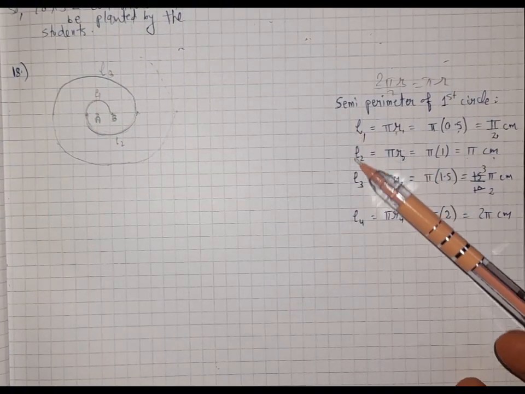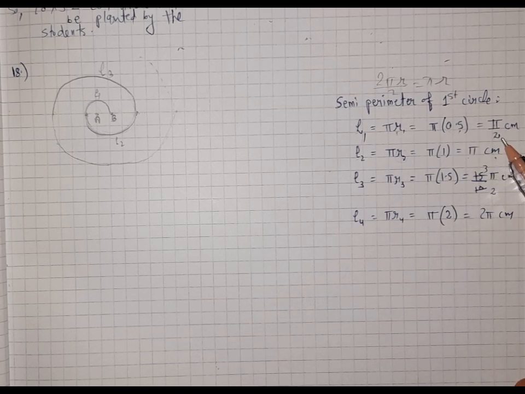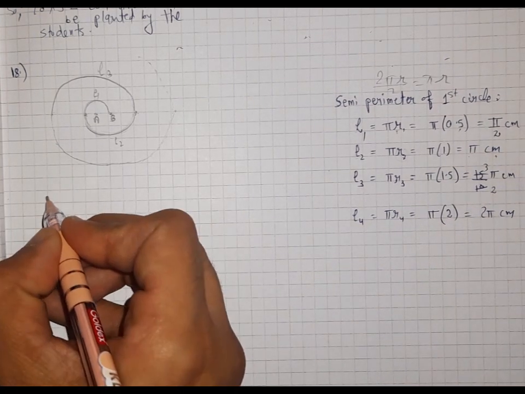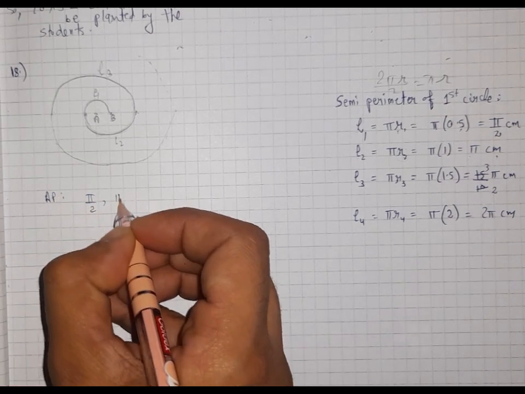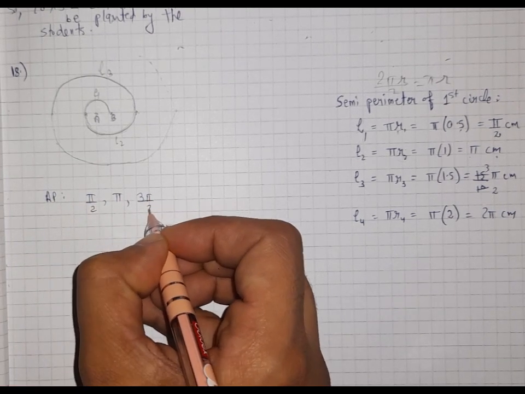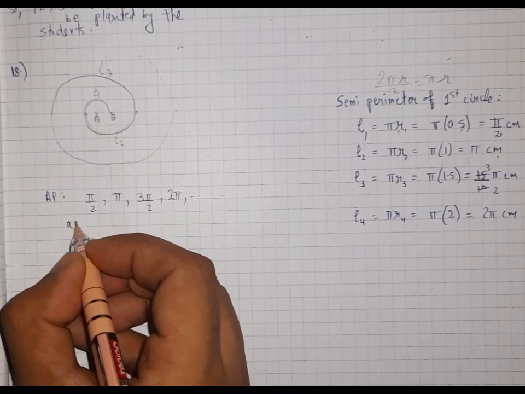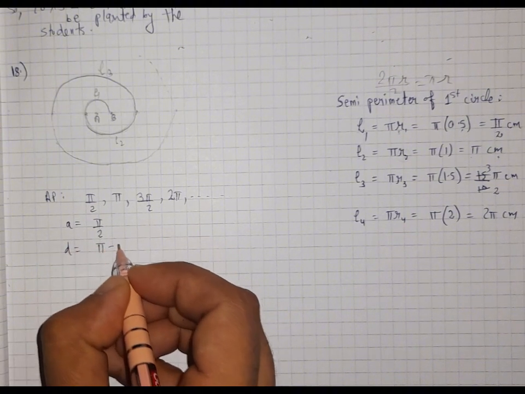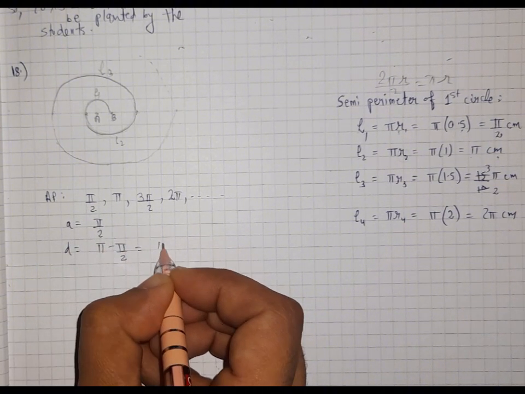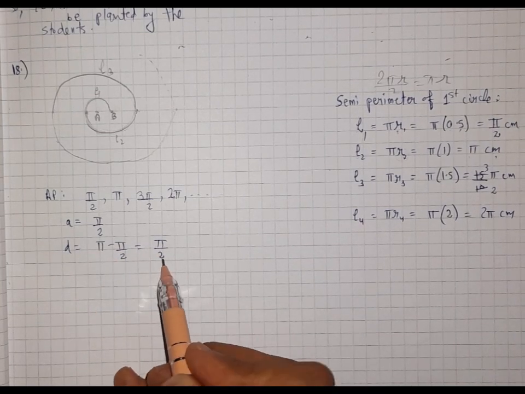Clearly, the lengths of the semicircles form an AP with a common difference of pi by 2. That is, the AP is pi by 2, pi, 3 pi upon 2, 2 pi, and so on, with a equals pi upon 2 and d equals pi minus pi by 2, that is pi by 2 into 1 minus 1 upon 2, equals 1 upon 2.